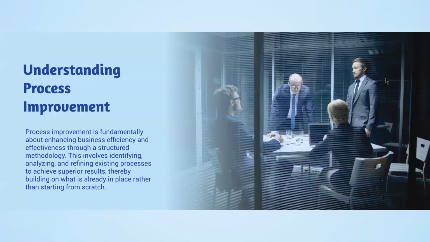So, process improvement's whole purpose is to enhance the efficiency and the effectiveness through structured, continuous methodology. So, it's identifying an area for improvement, analyzing the process, identifying the necessary parts and waste, and then refining that process and sometimes a little experimentation in there.